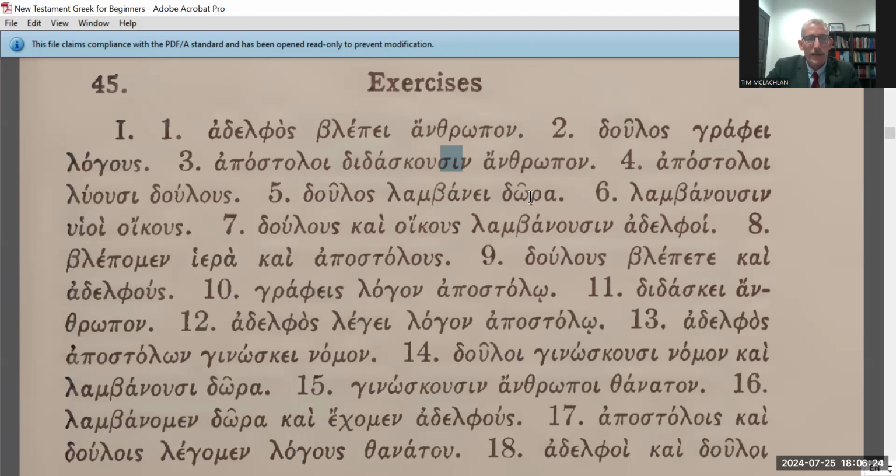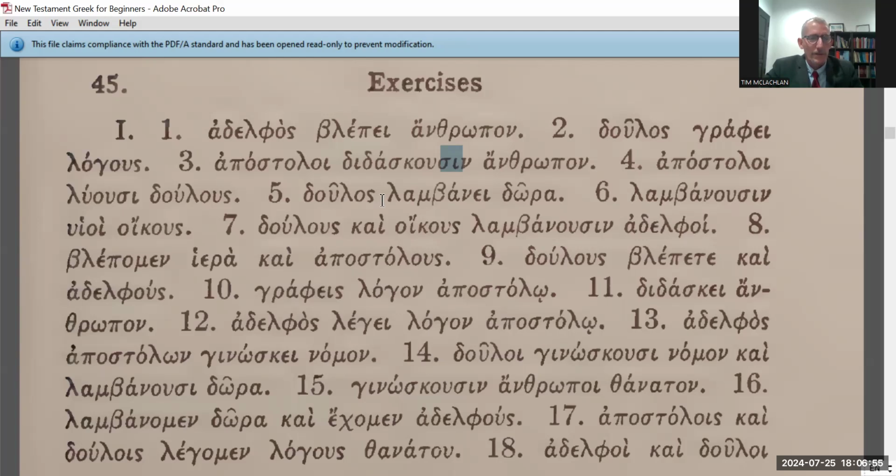Doulos, lambane, dora, a servant or a slave. And in this case, lambane means he receives. It's confusing. Sometimes the word lambano can actually mean to receive or to take, which is quite opposite.